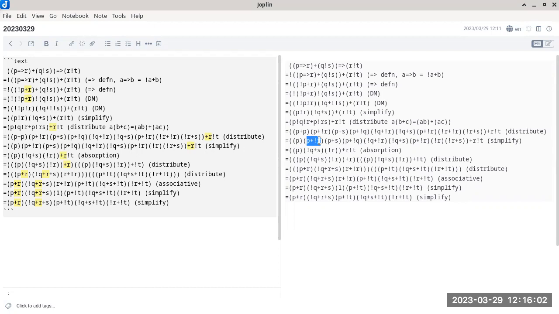But if P is false, it doesn't matter because this is one huge long conjunction. If P is false, then the whole conjunction is going to be false anyway. It doesn't matter what P is ORed with as one of the terms inside the conjunction. So does that make sense in an intuitive way?